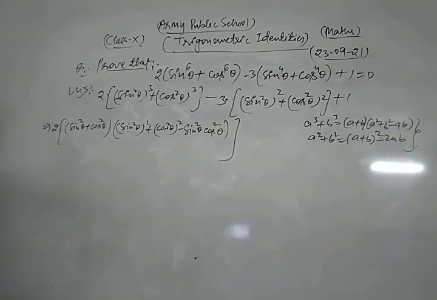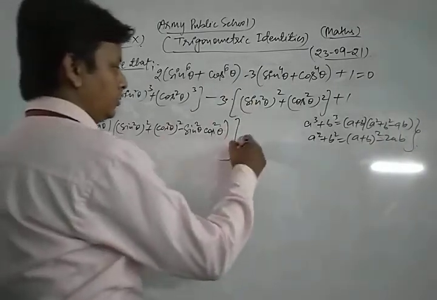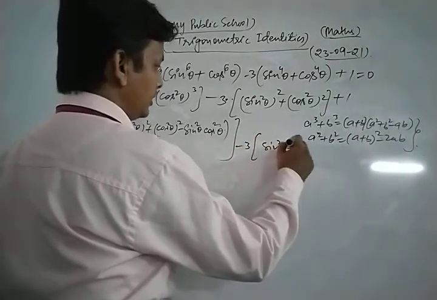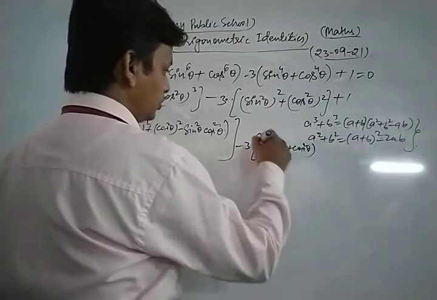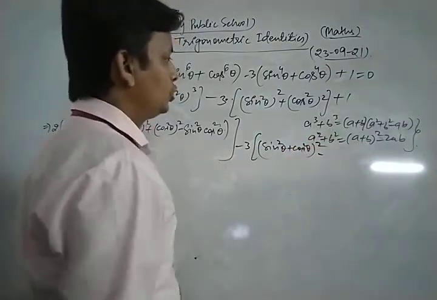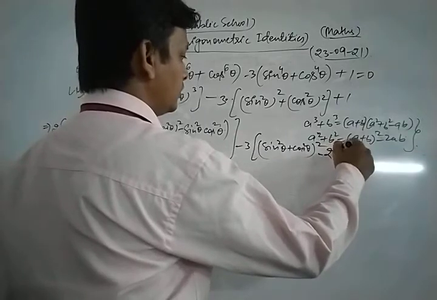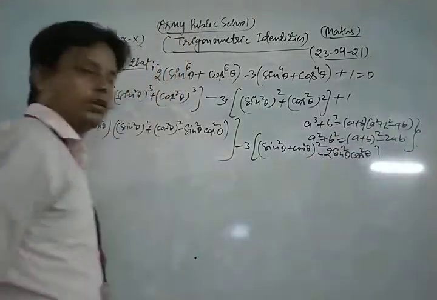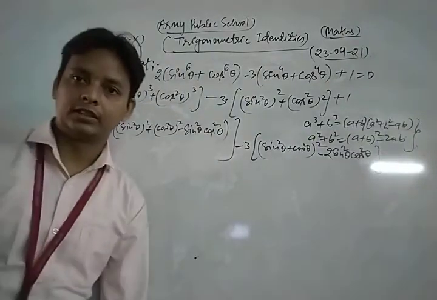And now minus 3 into, here we can write a plus b whole square, meaning sin square theta plus cos square theta whole square, and minus 2ab, meaning 2 sin square theta into cos square theta.